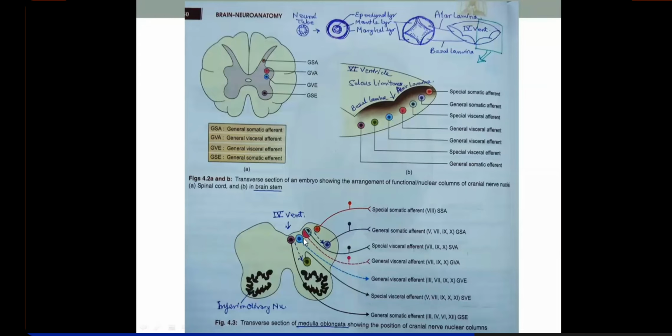Now it will also send secretomotor fibers through the ninth cranial nerve, and those are preganglionic parasympathetic fibers through the glossopharyngeal nerve. Then there is a branch of the glossopharyngeal nerve called the tympanic nerve, which will enter the middle ear and form a tympanic plexus, and from the tympanic plexus there will be a nerve called the lesser petrosal nerve. Now this lesser petrosal nerve will relay in the otic ganglion.